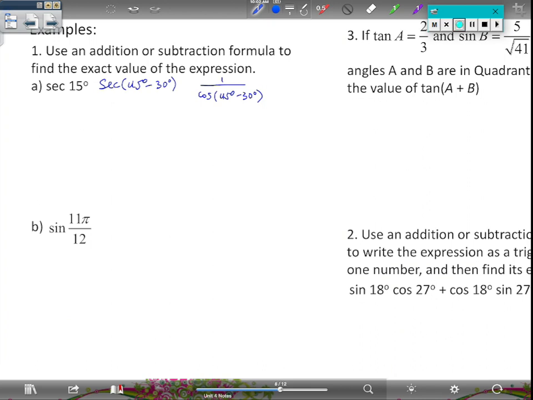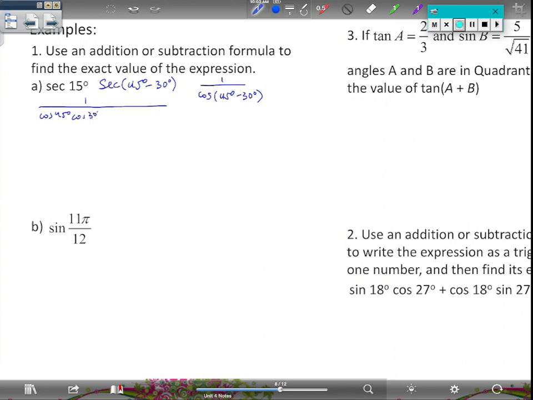Alright, so let's do our formula. Remember, cosine's the not so nice one. First of all, he wants to go first. So it's cosine 45 degrees, cosine 30 degrees. We asked cosine to subtract, so what's he going to do? He's going to add.